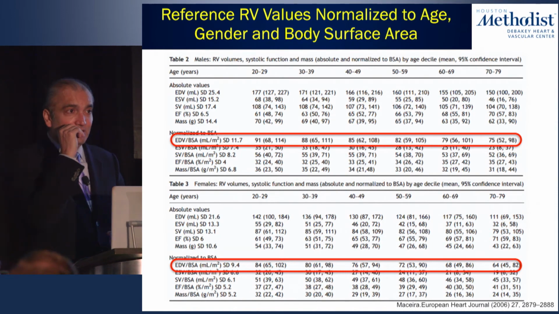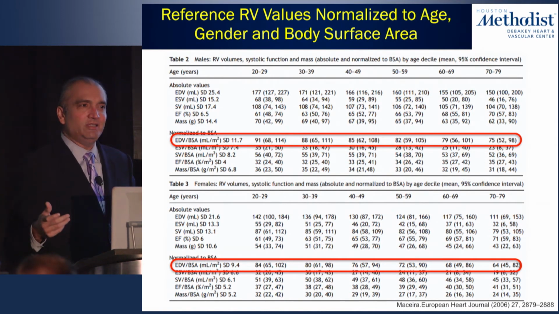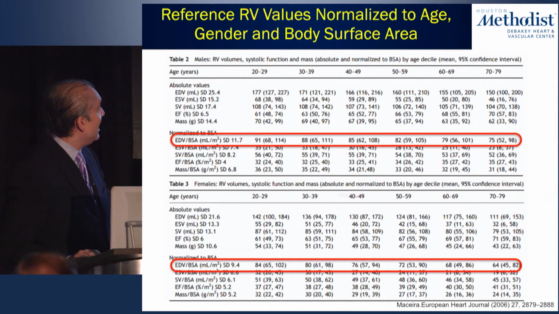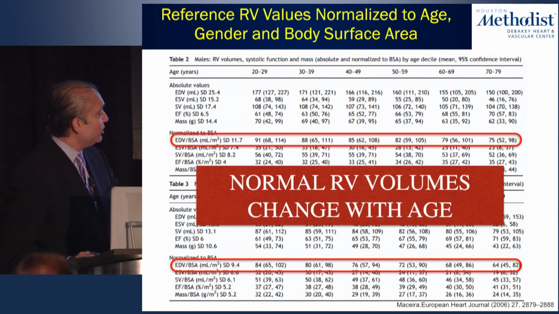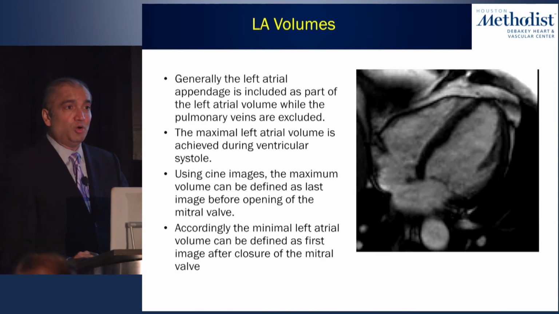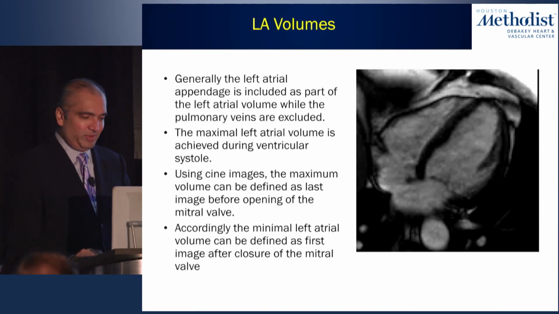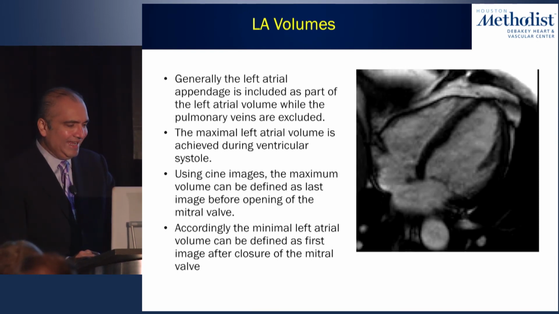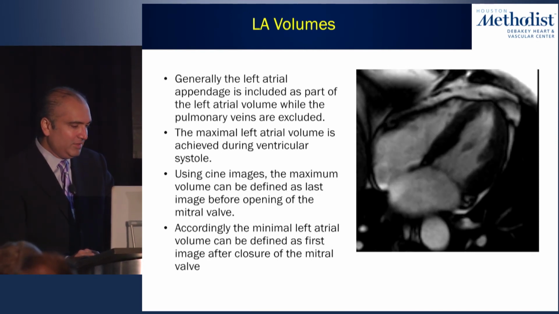And so what you don't want to do is start calling people as having RV dilatation or RV dysfunction simply because it's a young person. And because the EF also tends to be a little bit lower in younger patients than it is in older patients.